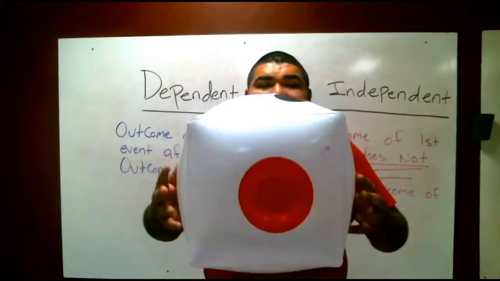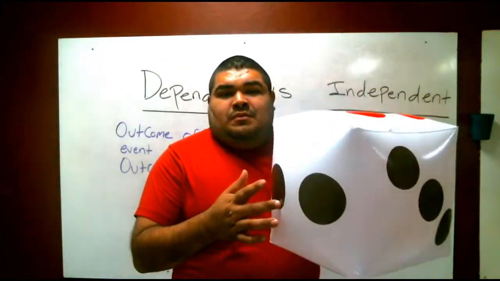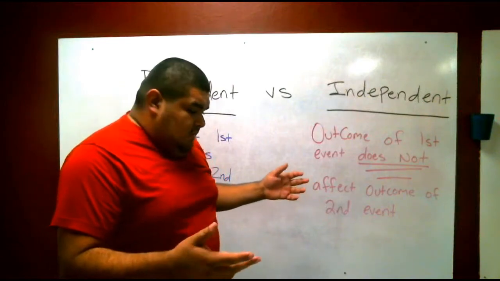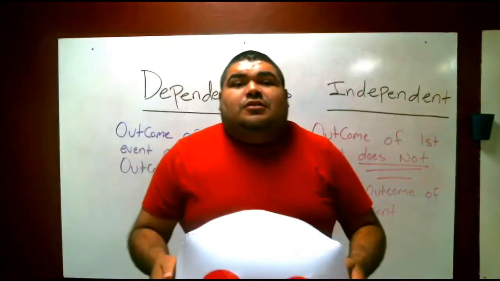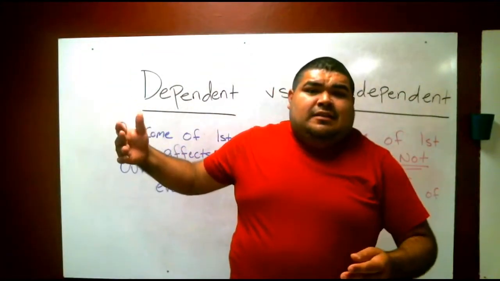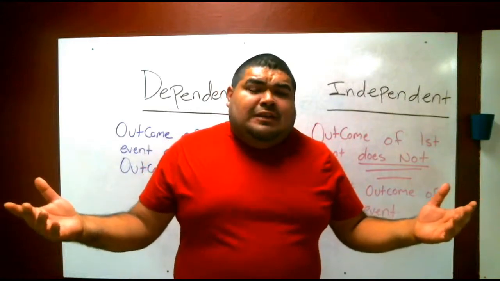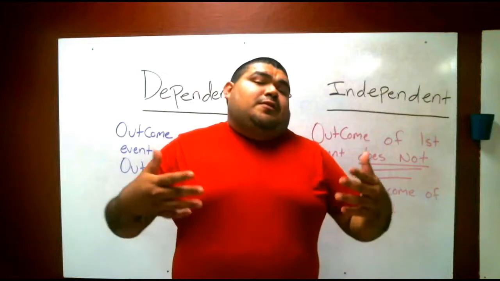If I have this die, okay, then I'm going to roll. I roll it. It landed on 4, okay? So if I roll it again, is it going to affect that I rolled a 4? Is it therefore going to disappear out of the die? It's not, right? It's still there.